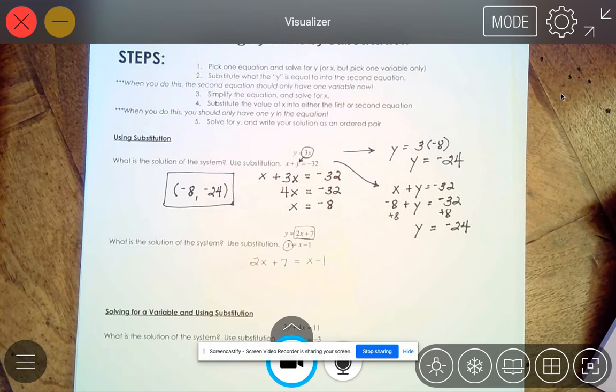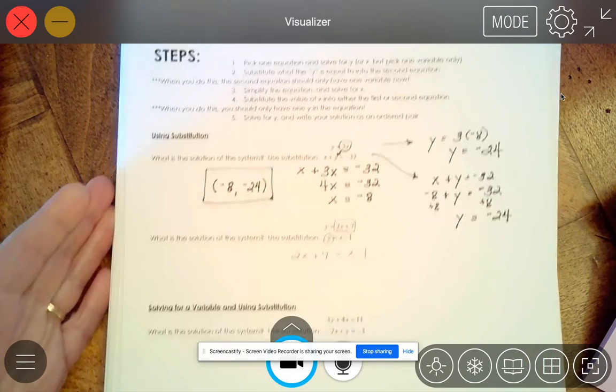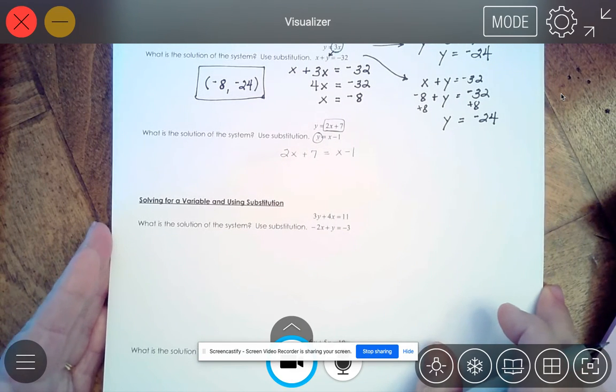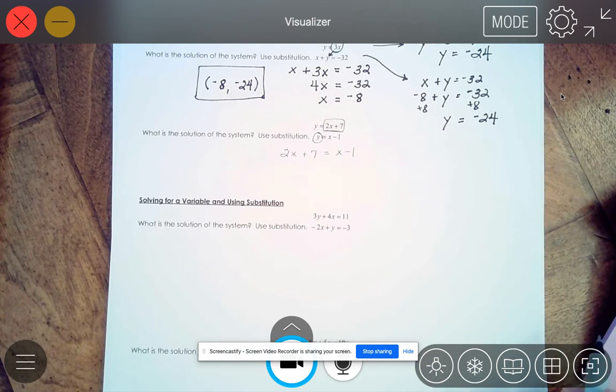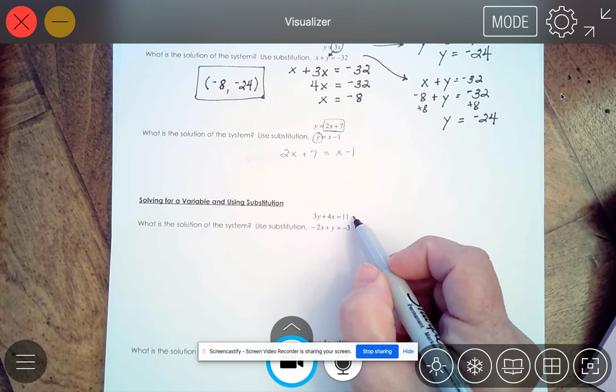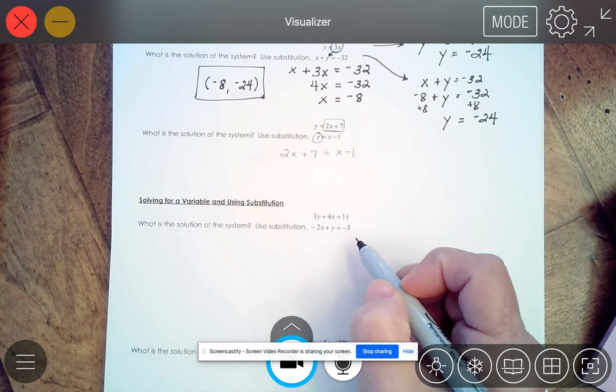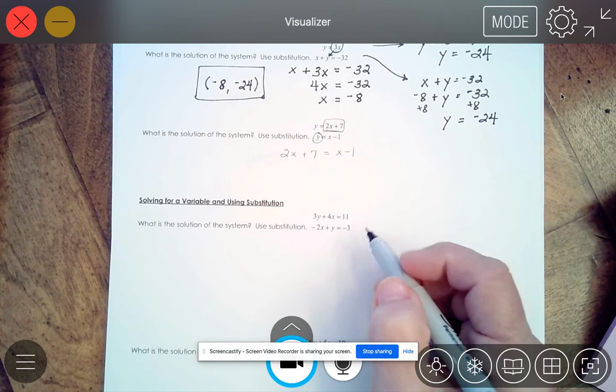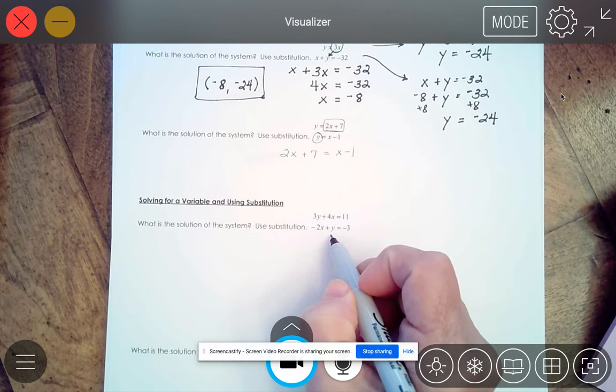So you may be asking, well, what if it's not that easy? What if I do have to solve one of these for a variable? Okay, I could choose one of these, it doesn't matter which, and solve it for either x or for y. I'm going to choose this one because I already have one y.